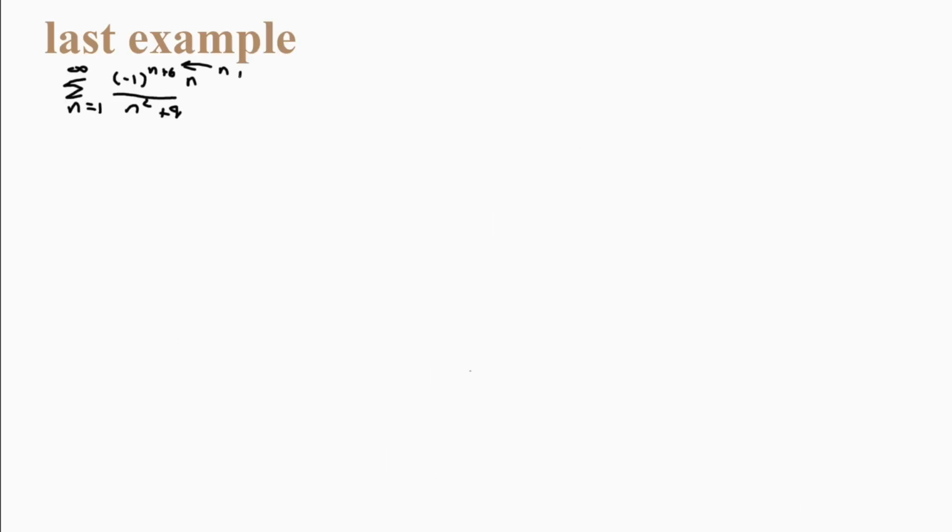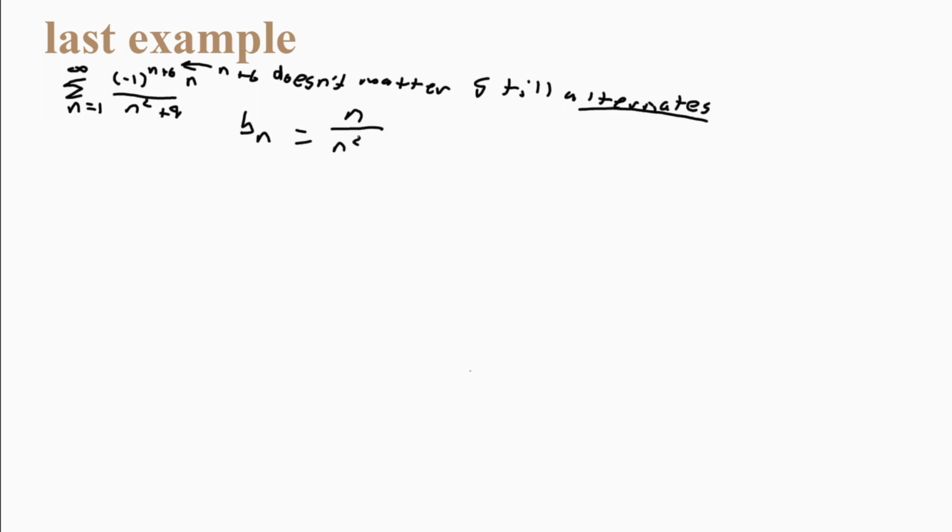Now we'll be looking at the sum from n equals 1 to infinity of (-1)^(n plus 6) times n over n squared plus 9. So this n plus 6 doesn't matter. We have to remember that it's still an alternating series. So we identify our b sub n, and this time we'll have to do a little bit more tricky stuff with the limit, with either L'Hopital's rule, or we could multiply by a cleverly disguised 1 to get our answer.